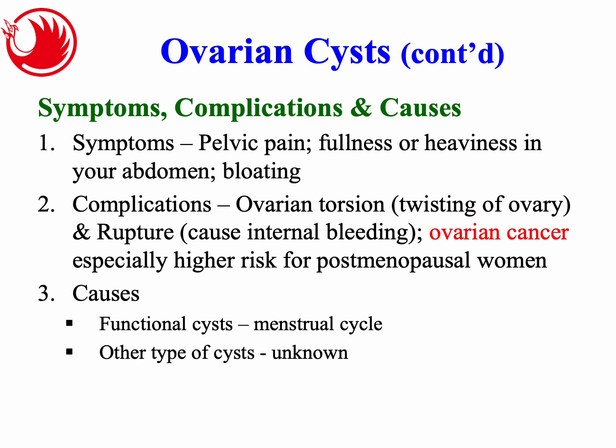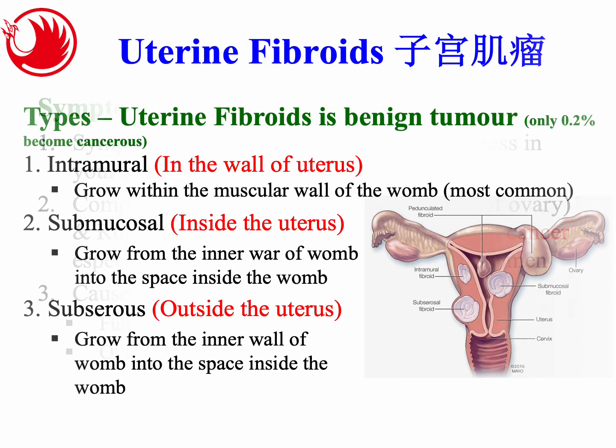Next we look at the uterine fibroid. Uterine fibroids are generally non-cancerous tumors, of which only 0.2% become cancerous. There are different types of fibroids, depending on the location where they are found.